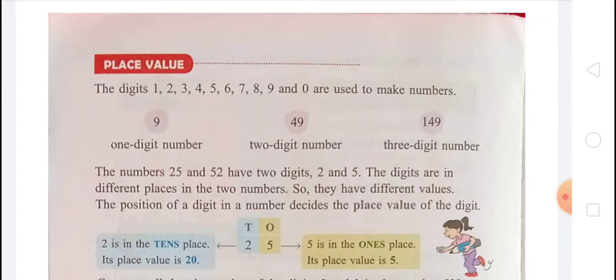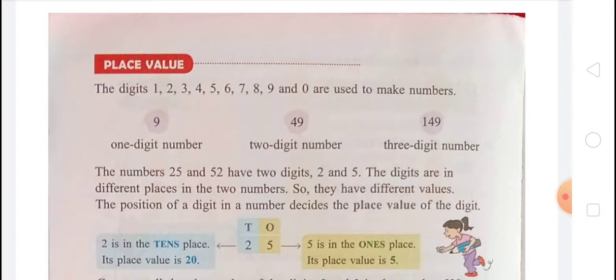So in 25, 2 is in the 10's place and its place value is 20, and 5 is in the 1's place and its place value is 5. In 52, 2 is in the 1's place and its place value is 2, and 5 is in the 10's place and its place value is 50.